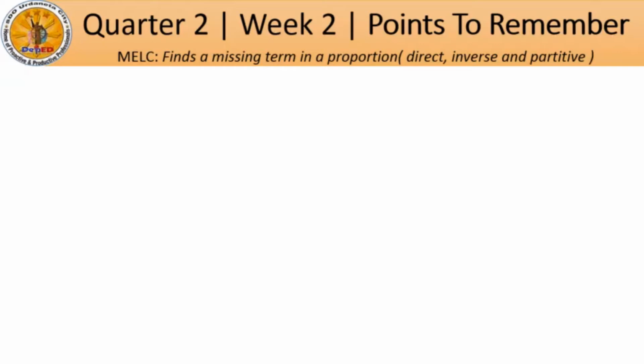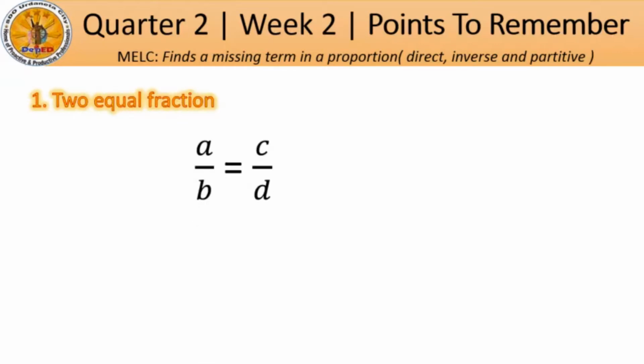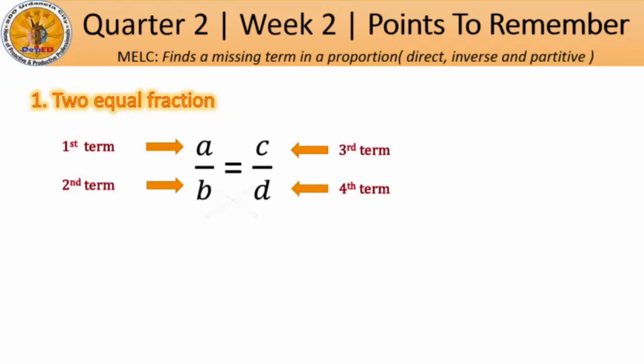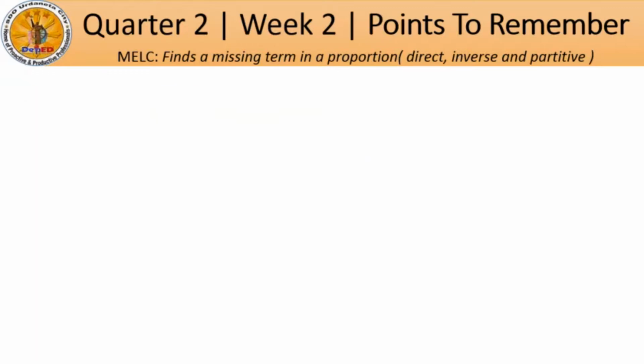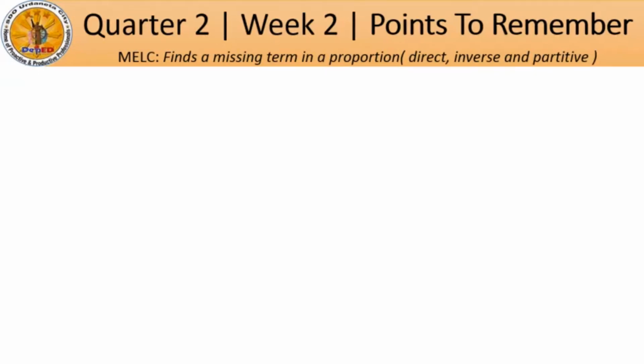The first way to write it is in fraction form, where A is the first term, B the second term, C the third term, and D is the fourth term. The second way is using colon. We have A is to B, as C is to D.